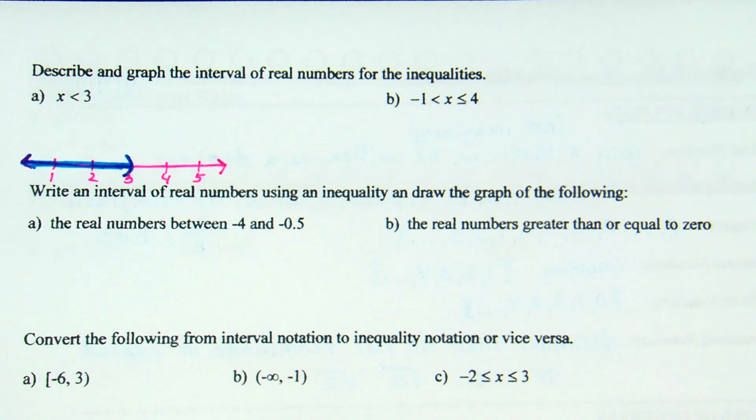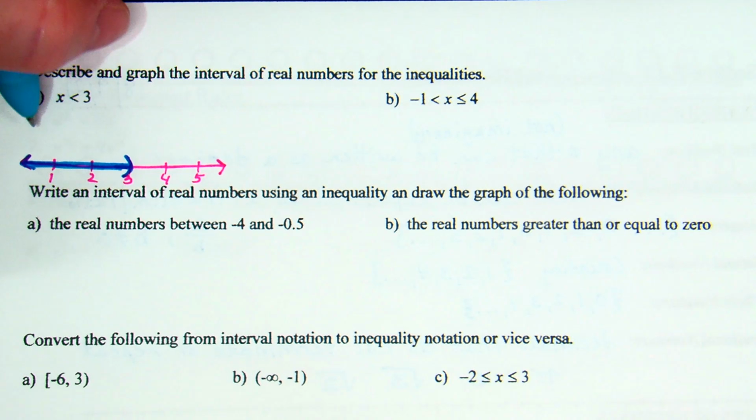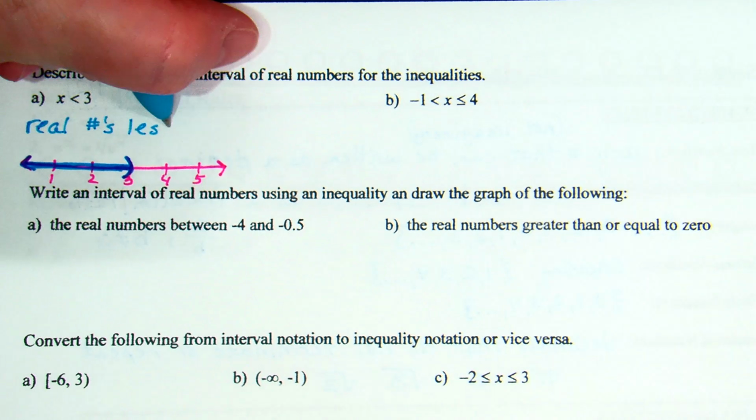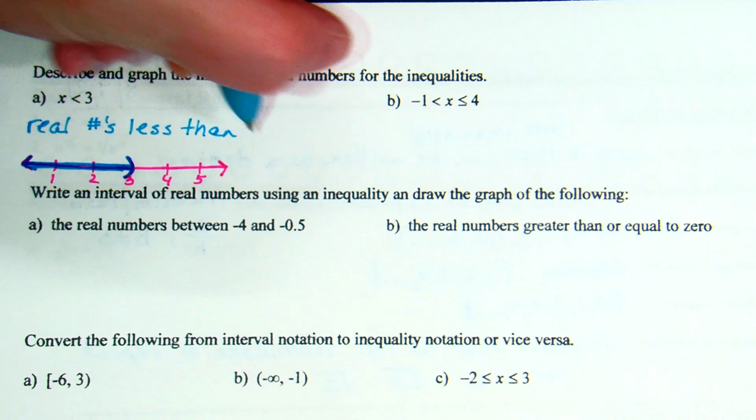In words, because it did say describe, and describe traditionally means using words. So if we said it's less than 3, it's all numbers that are less than 3. Instead of using the word all, though, I'm going to say real numbers less than 3.